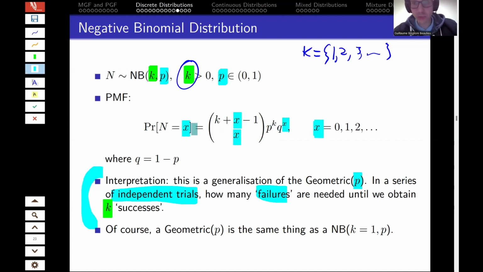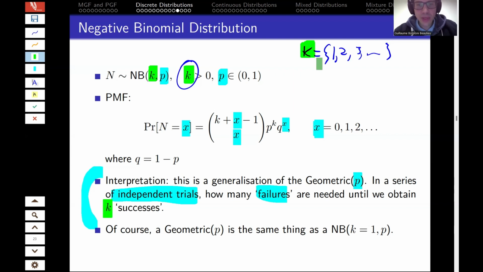Now, the possible values of the negative binomial are all the non-negative integers, 0, 1, 2, 3, etc. You see, there's no upper bound there because there's no upper bound on how many failures are needed to get the first K successes. Meaning, if you're very unlucky, you could have 1 billion failures in a row, or 2 billion, etc. There's no upper bound on how many failures you can get before you get your first K successes.